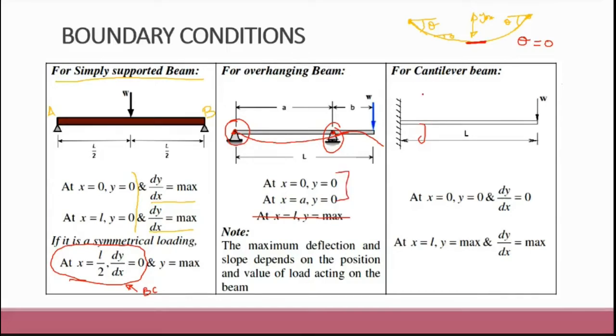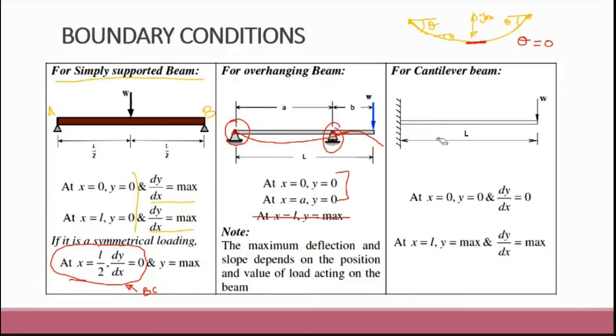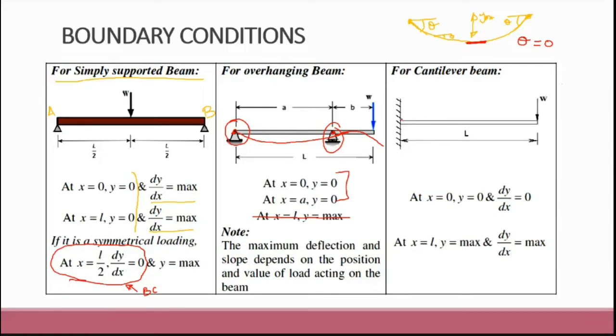So for a cantilever beam, cantilever is having a different category. It's not simply supported because this end is fixed. When it is fixed, you are bending. This bending will be like this. You can see you will get a horizontal line here at this point, not here.